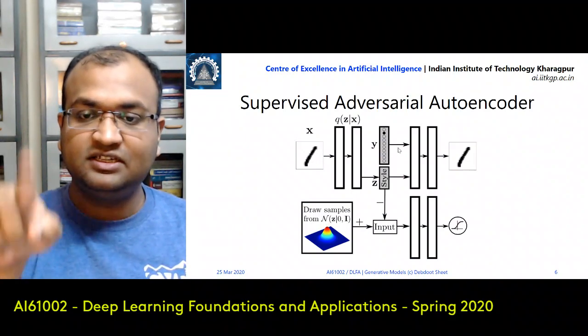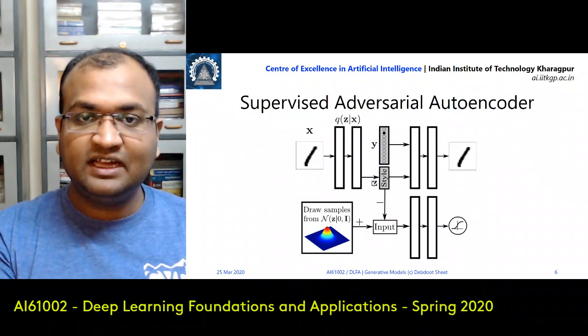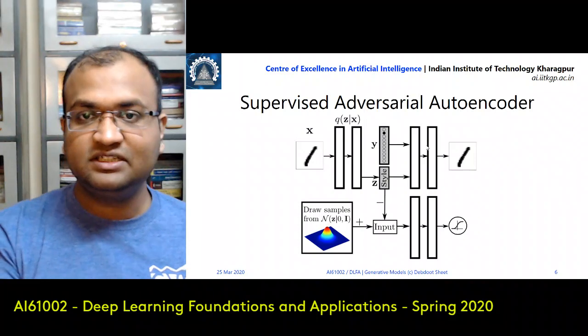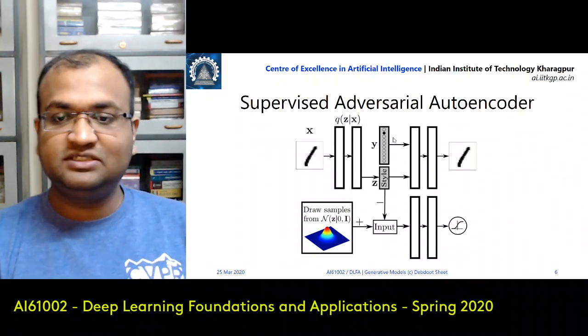Say you are writing the digit 1, 2, 3, or whatsoever, and style is essentially how I am writing it down. Now the way this is different from the previous case of autoencoder with regularization is that over there I was giving this conditioning to the discriminator, whereas here I am giving this conditioning to the decoder, which is the class of the digit I am actually mentioning over here.